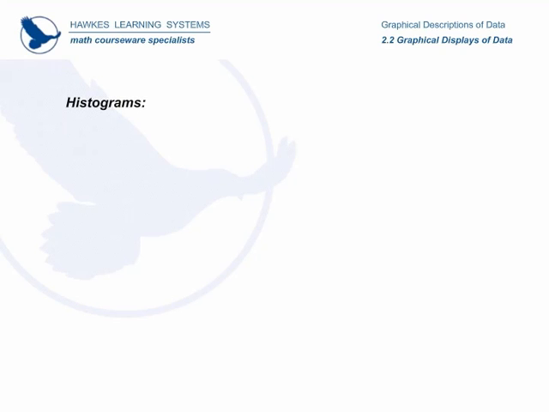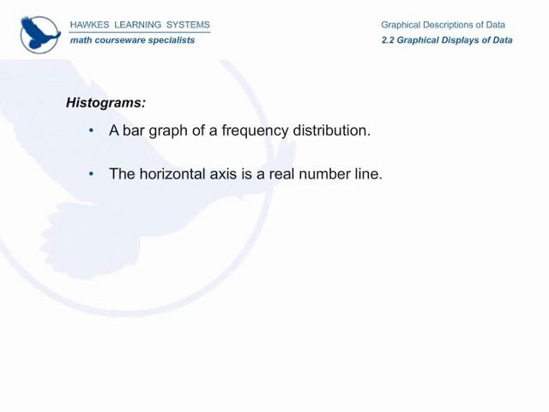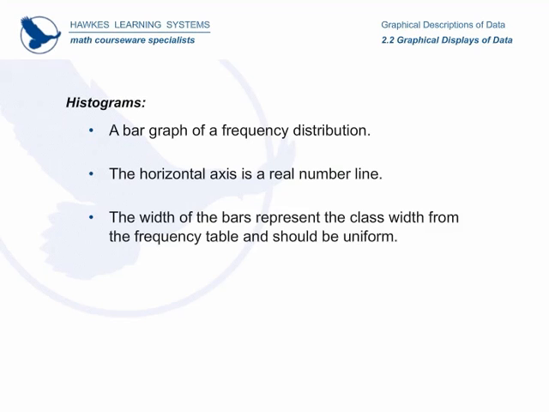Next, let's take a look at histograms. A histogram is a bar graph of a frequency distribution. A histogram has the horizontal axis as a real number line. The width of the bars on the histogram represent the class width from the frequency table and should be uniform.